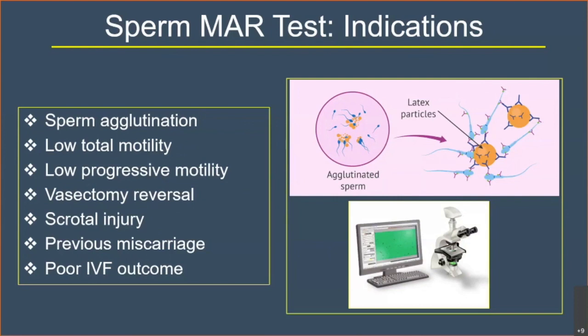Any disruption in the barrier of the blood-testis barrier can result in formation of sperm antibodies. Scrotal injury, which again leads to disruption of the barrier, previous miscarriages, and poor IVF outcomes. Next slide.